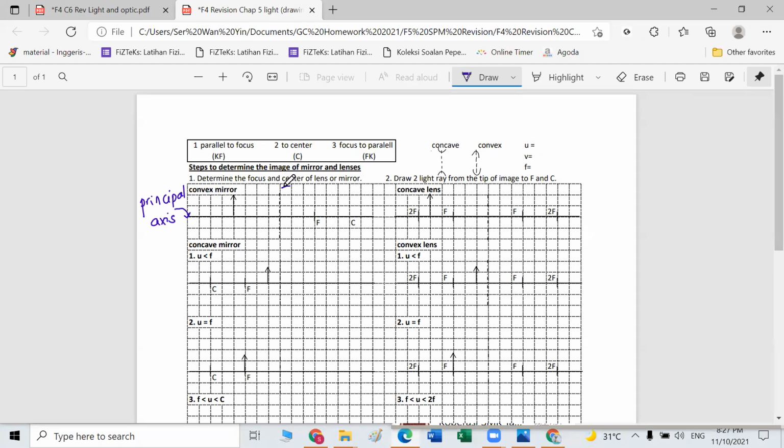Then draw this. Normally we call it normal. But here is the reflection or the refraction part. Okay, for mirror, convex and concave mirror.